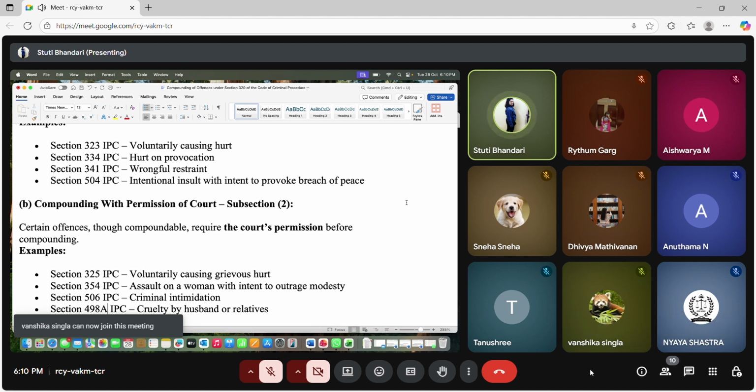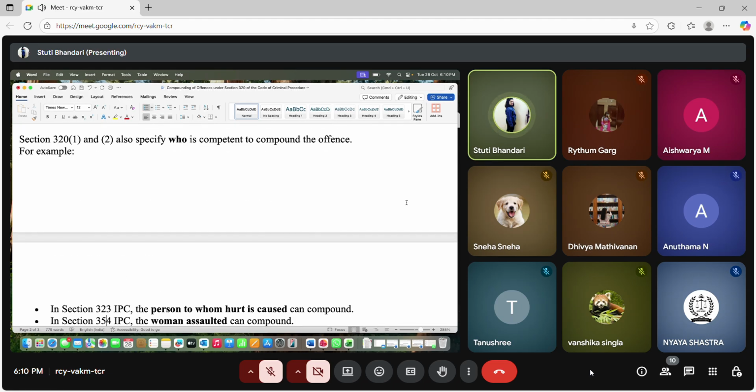You can see offences like assault on a woman with intent to outrage modesty, criminal intimidation, and very interestingly 498A, domestic violence, and voluntarily causing grievous hurt. The list is provided in your BNS or IPC, whichever you are referring to.